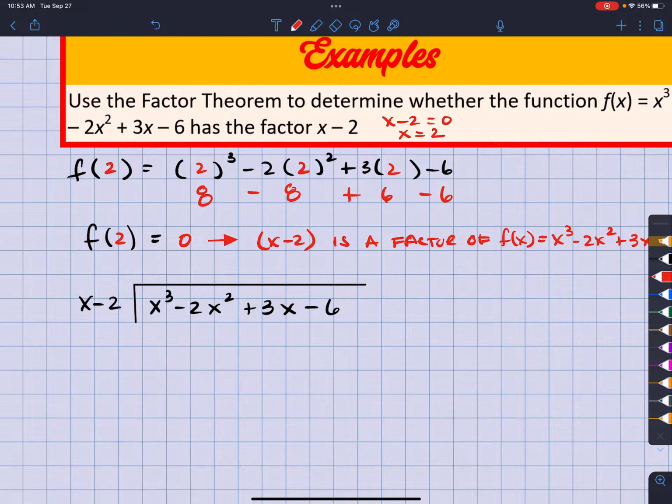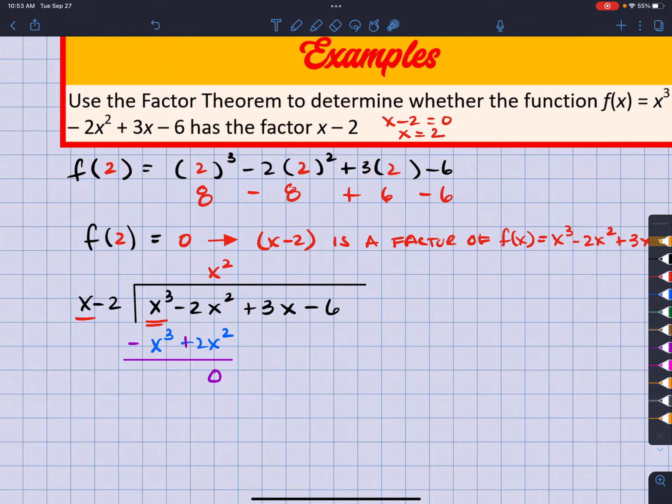Then I ask myself, how many times does x go into x to the third? I already know it's going to come out perfectly. So it's x squared times, and x squared times x gives me x to the third. X squared times negative 2 gives me a negative 2x squared. I flip the signs and add, and I get 0.